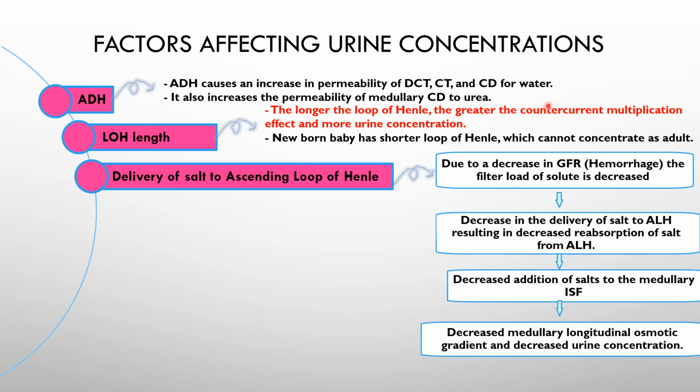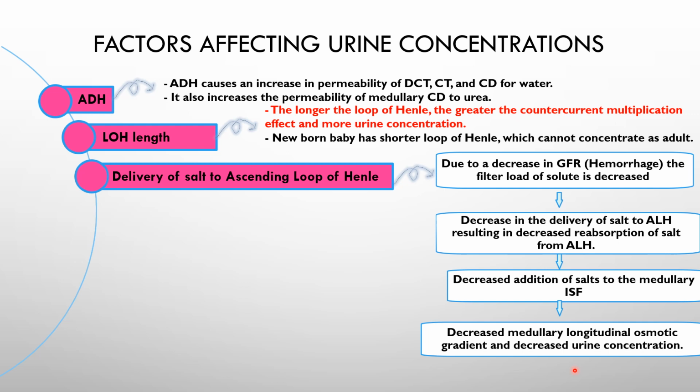Decrease in the delivery of salt to the ascending limb results in decreased reabsorption of water from the ascending limb. So there is decreased addition of salt to the medullary interstitial fluid, which leads to a decreased medullary longitudinal osmotic gradient and decreased urine concentration.